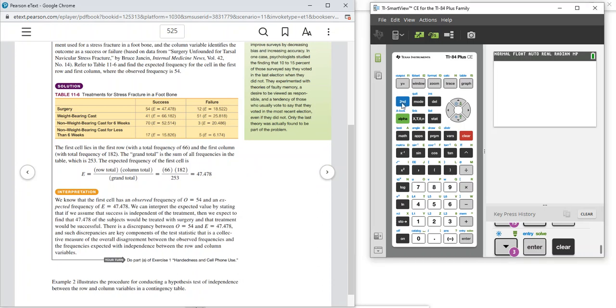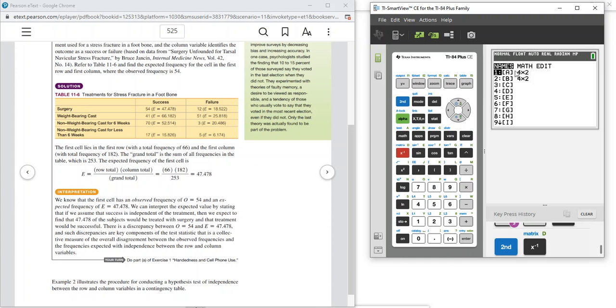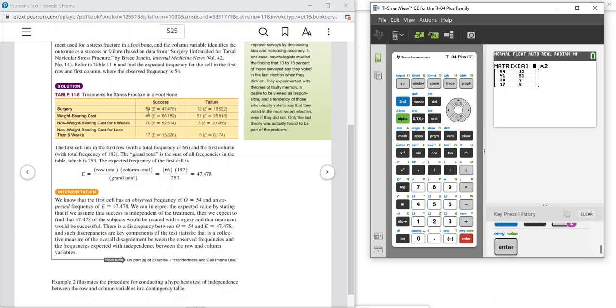So let's go into matrix. So second function, matrix. And then we go over to edit. Hit enter. And we plug the numbers in. I already did that. So 54, 41, 70, 17.